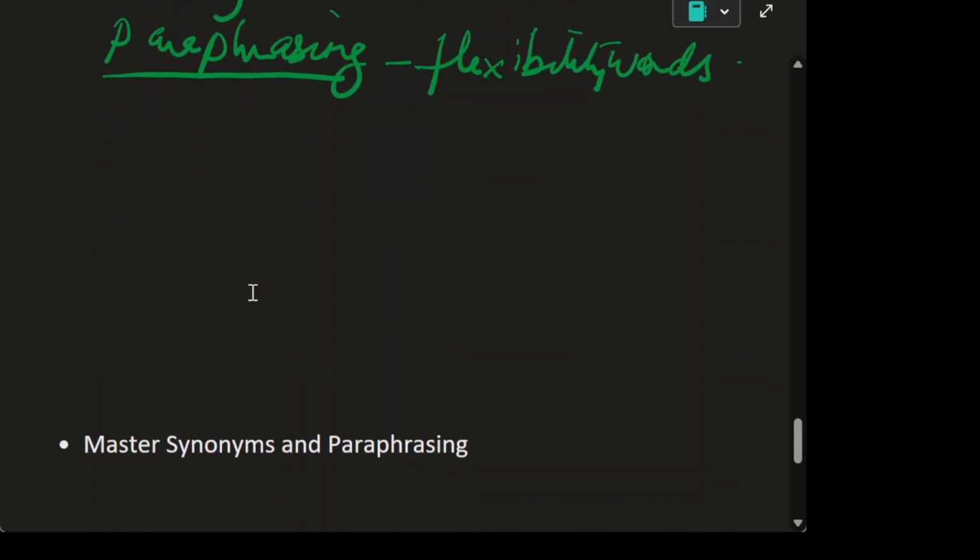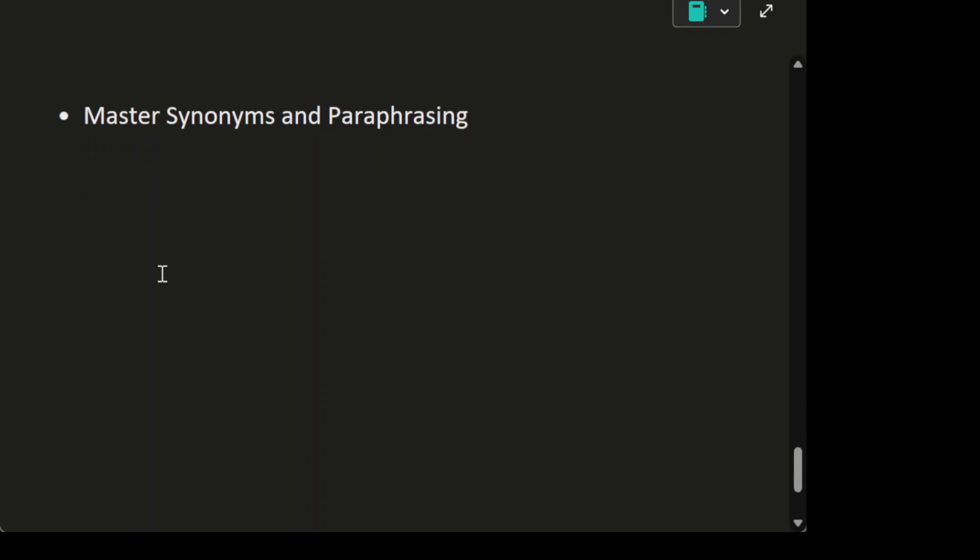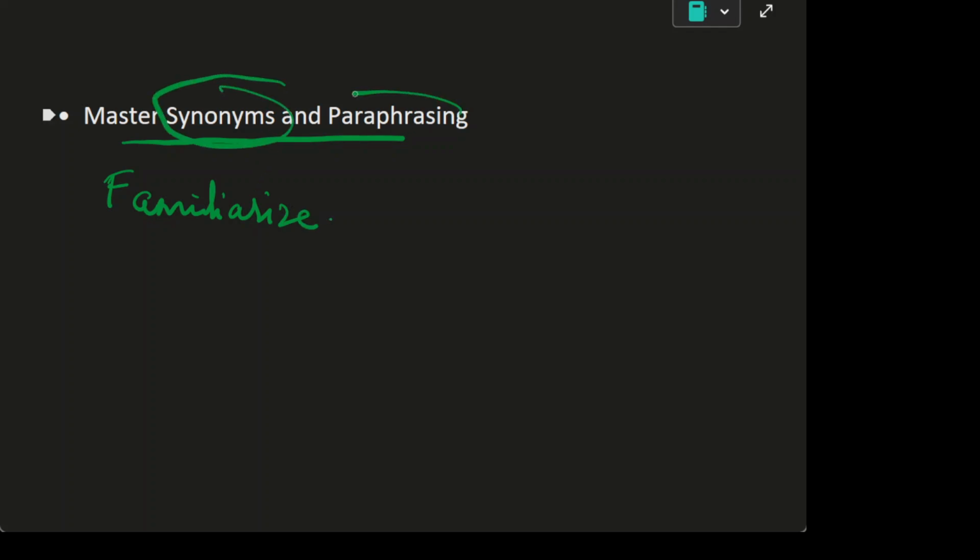Then coming to the next one, which is to master synonyms and paraphrasing. Just using them is not important, but you need to also master them. TOEFL assesses your ability to identify synonyms with questions and answers, which is vital. So you need to familiarize yourself with synonyms and paraphrasing.